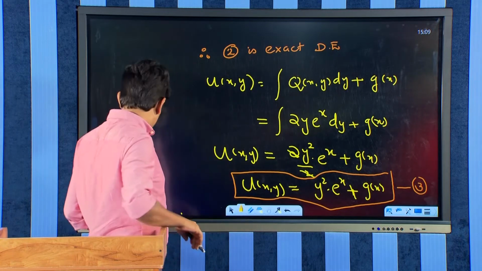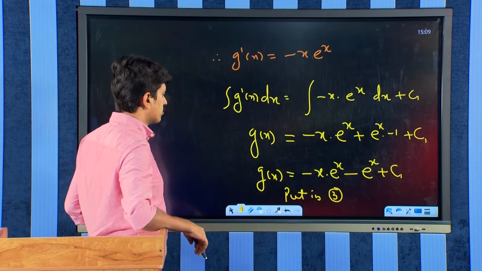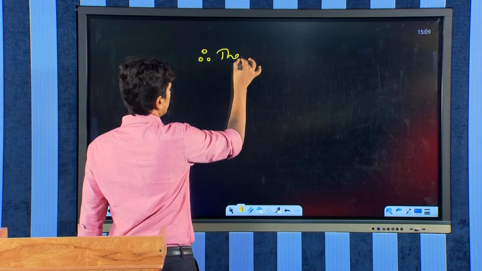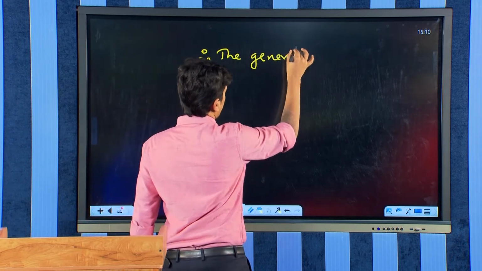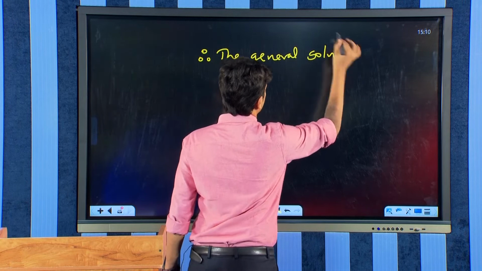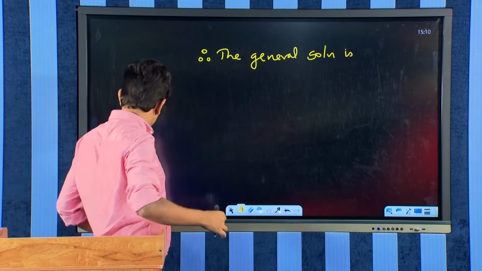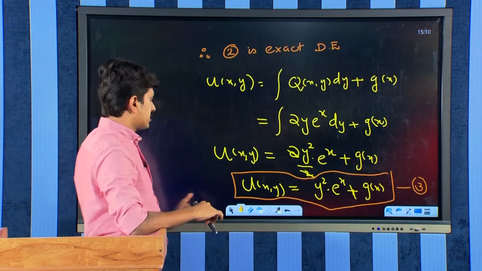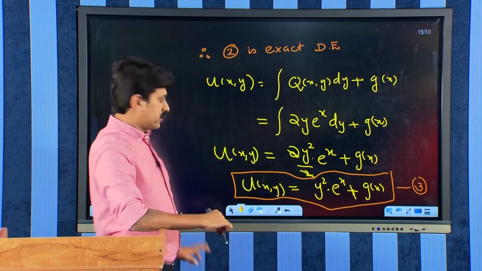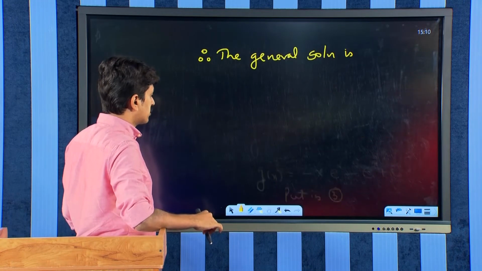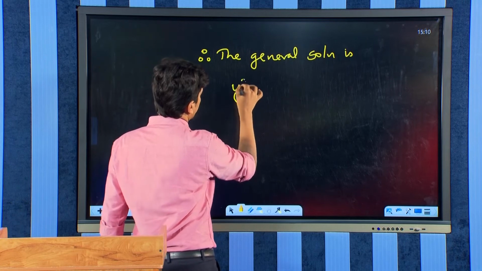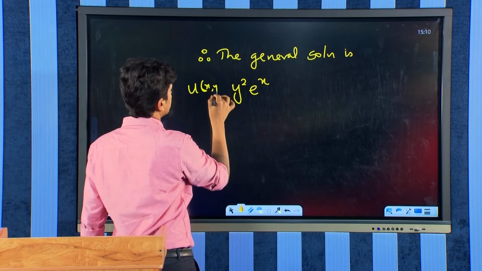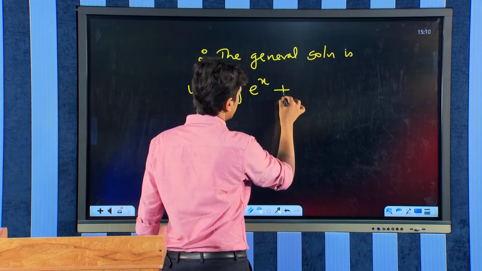Therefore, the general solution is u of x y equal to y square e raised to x plus g of x.